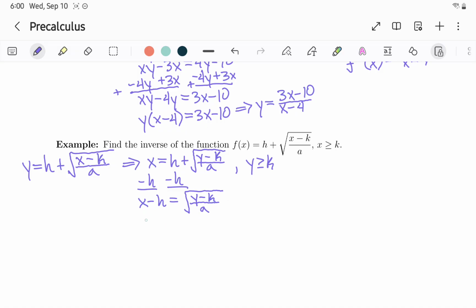So squaring the left-hand side, we're just going to have (x minus h) squared, and we'll worry about foiling this out in the next step. And then on the right-hand side, we are going to have just (y minus k) over a.